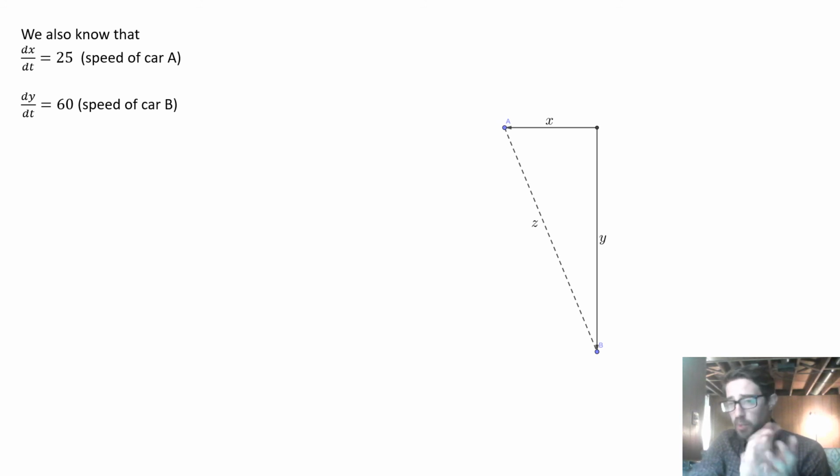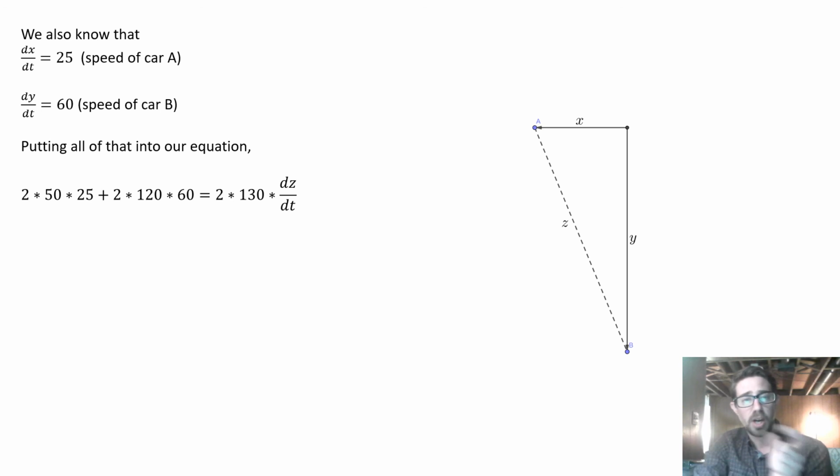All right, and then we stick in the stuff we actually were given, that dx/dt is 25 and dy/dt is 60. So your job is really just to translate that. The speed of a car is dx/dt, because x is the distance it's traveled, and speed is just change in distance over time.